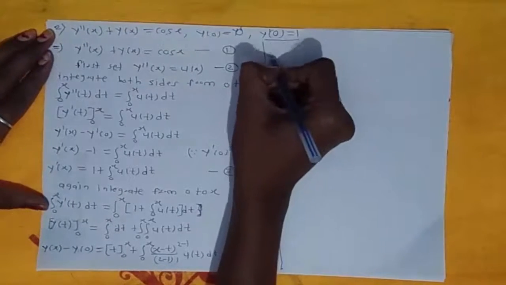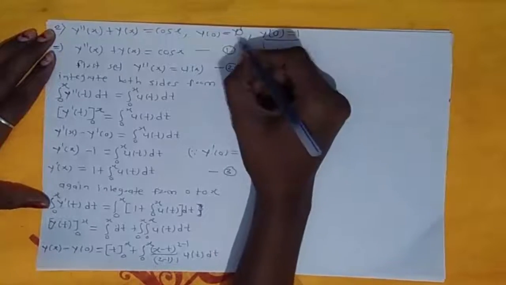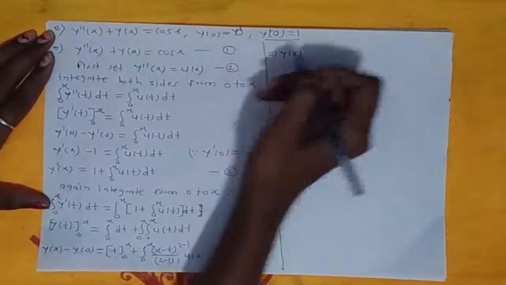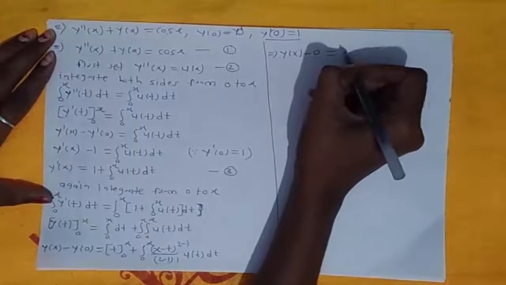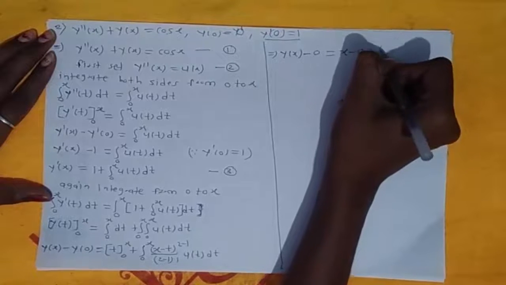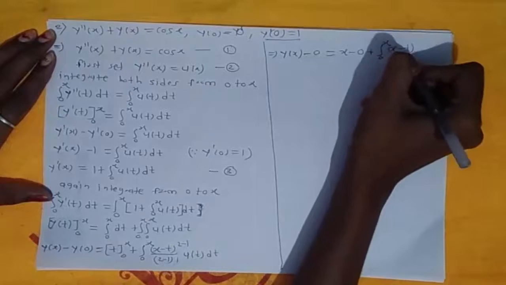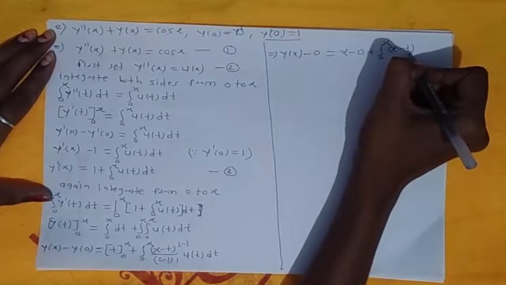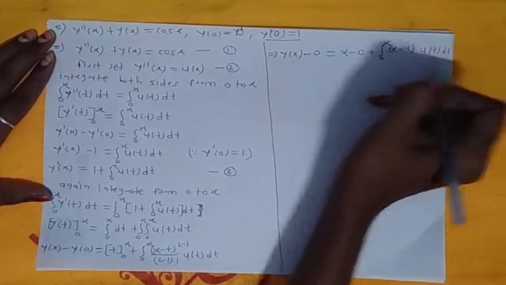Again we use the initial condition, y of 0 is 0, so y of x minus 0 is equal to x minus 0 plus integration from 0 to x of (x minus t) raised to 2 minus 1, that is 1, divided by 1 factorial, which is 1, into u of t dt.